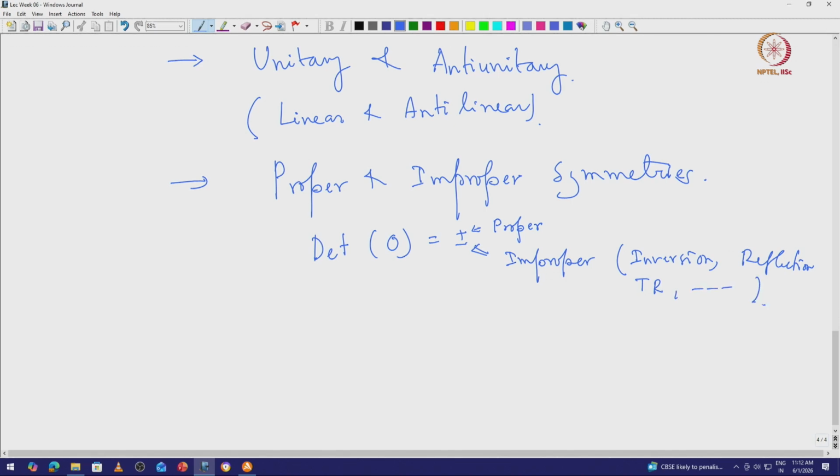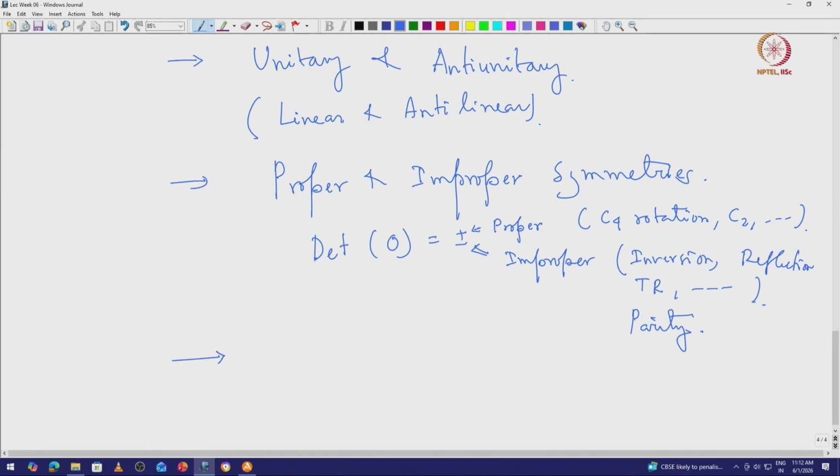We will again talk about it, even parity, whereas this is like a discrete rotation like C4 rotation, C2 rotation, and so on.